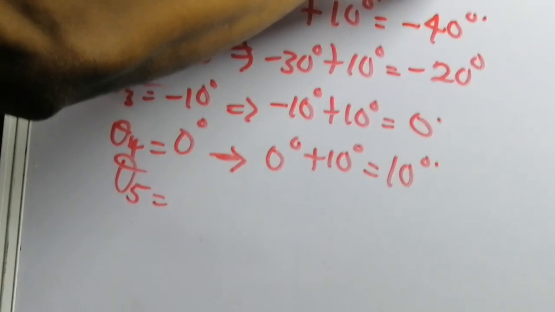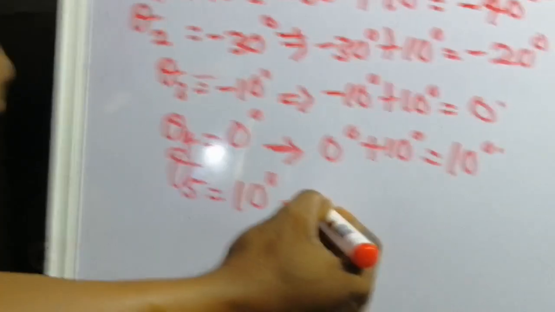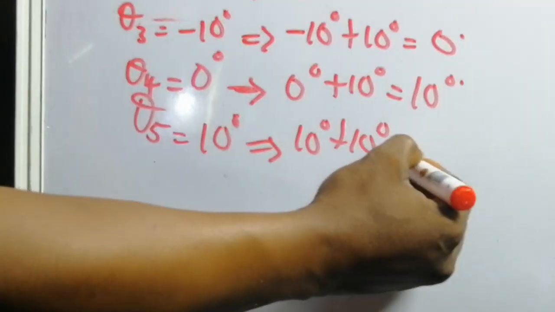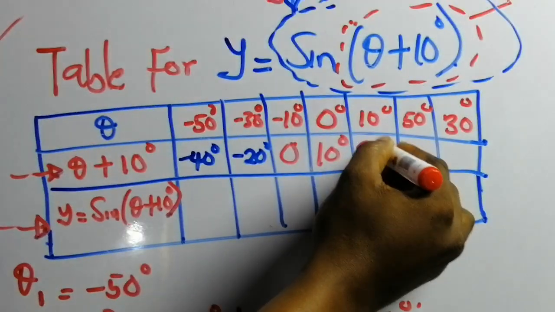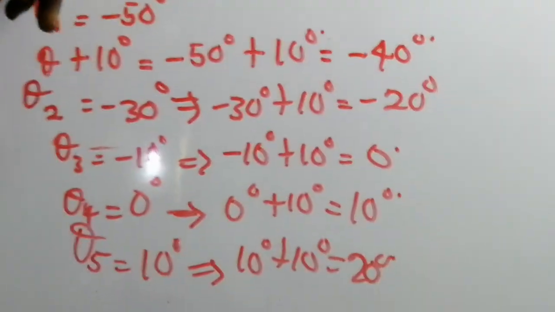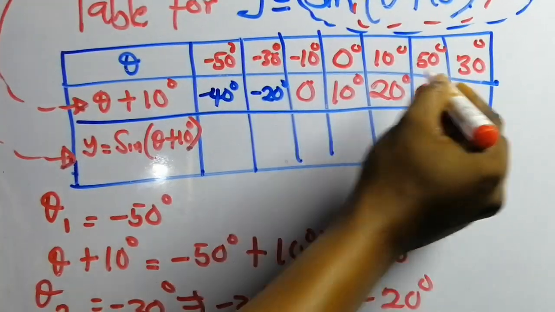Look at theta 5 rather. Theta 5 is 10 degree, within the range of 90. That implies I can have 10 degree plus another 10 degree, that is 20 degree. Very simple. The next one is 50 plus 10, that is 60 degree.